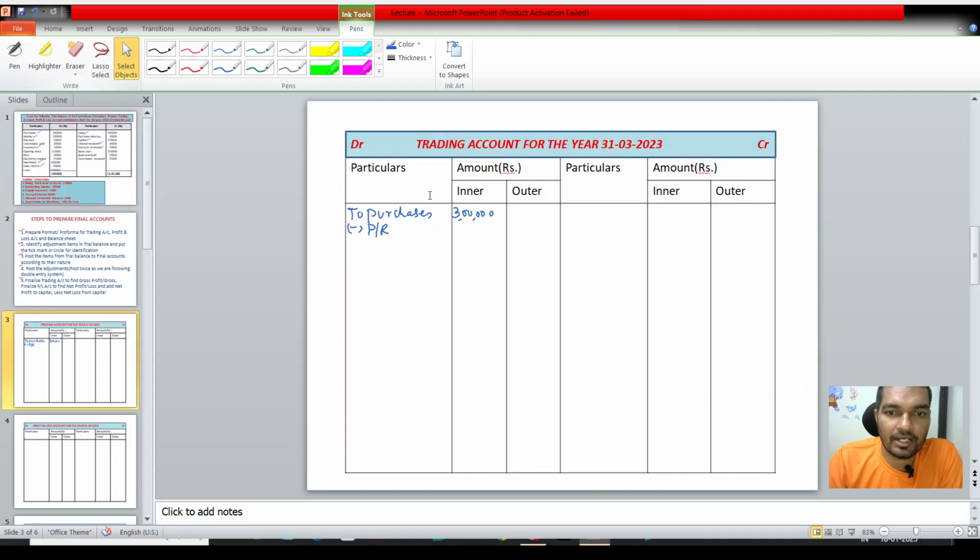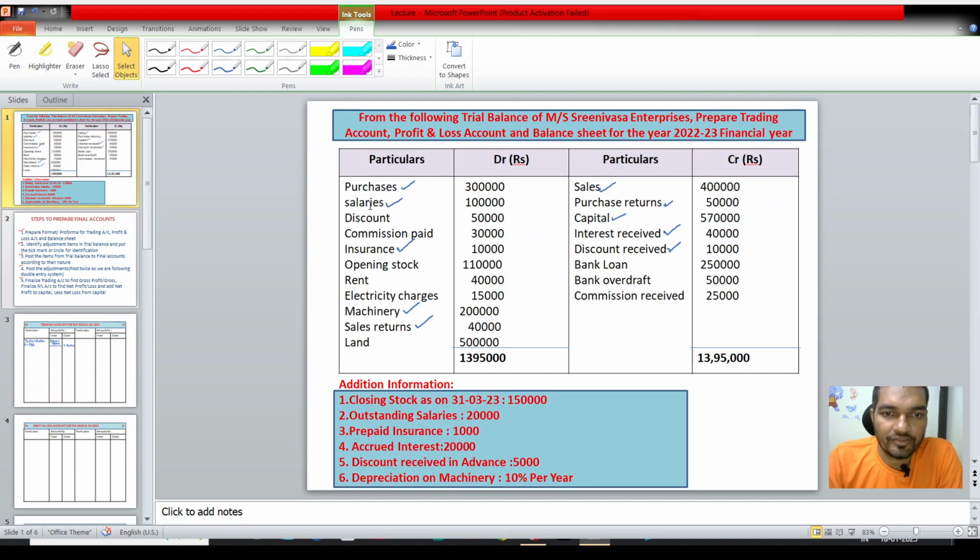We subtract this 50,000 immediately, and the final amount we get is 2,50,000 rupees.